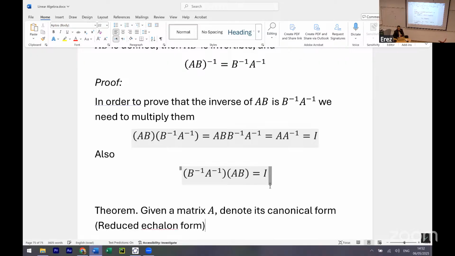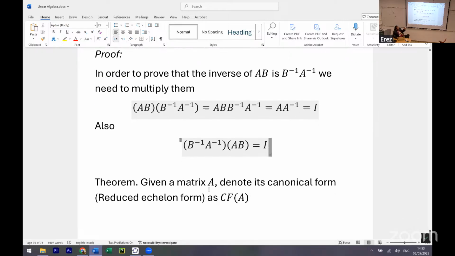In Hebrew, we call it Tatsua Kanonit, but canonical form is an English term that is used quite a lot in mathematics. So it's weird that they didn't use it here, but I will say canonical form. So denote its canonical form as CF of A.